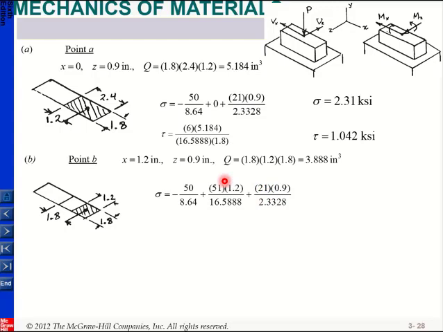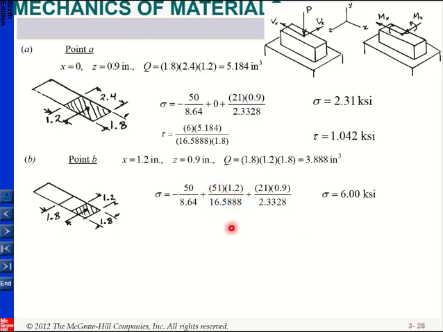You just plug in the numbers and you get your normal stress. It increased because I have additional moments. These two are the same, and since I'm on this plane, these values will be the same for point C as well, but this stress is changing, so I have an additional one.